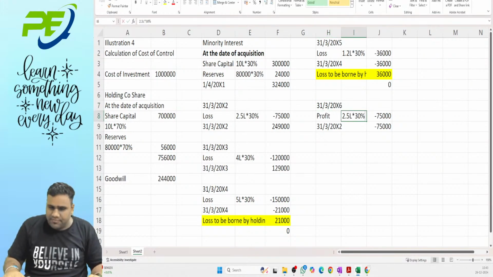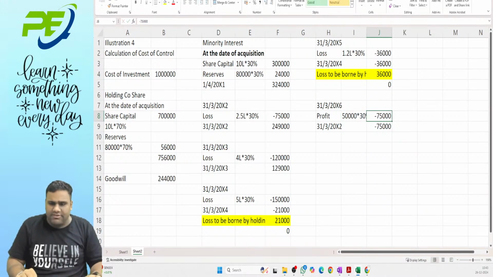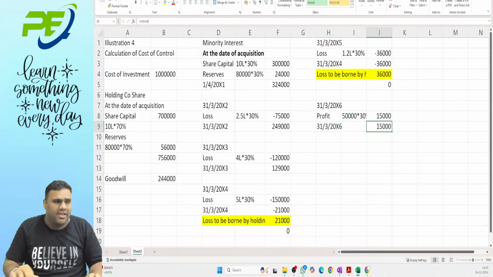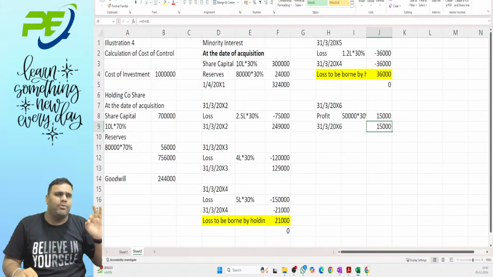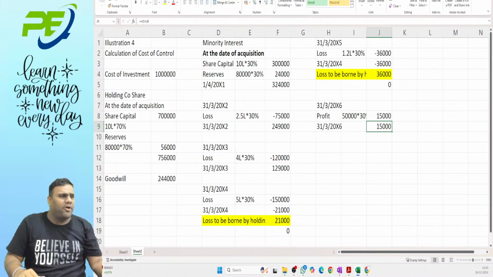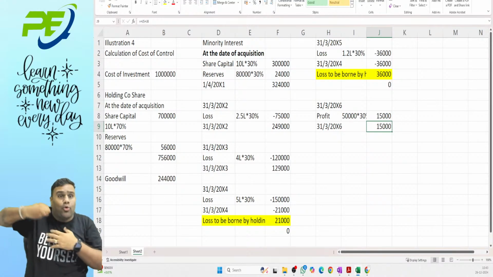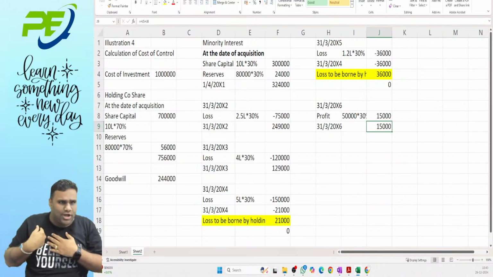Profit of 50,000 into 30% is 15,000. But don't think the holding company will say I have borne your loss, no. Who will compensate? First compensate that, and then you enjoy the profits. Yes, because the holding company has borne the minority interest loss.